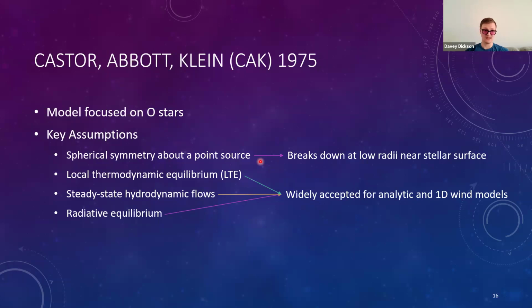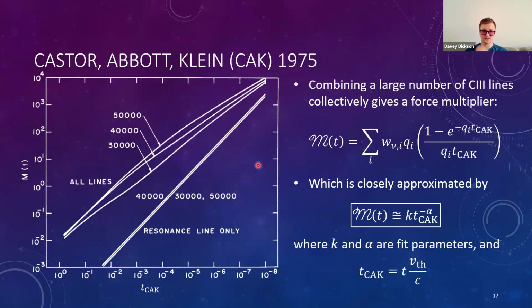With these assumptions, the CAK model found that at least for C3, the resonance line by itself fit very nicely to a power law at 3 different temperatures here. However, when you count in all the lines in the relevant wavelength range, not just that strong resonance line, you get as much as 3 orders of magnitude higher force multiplier.